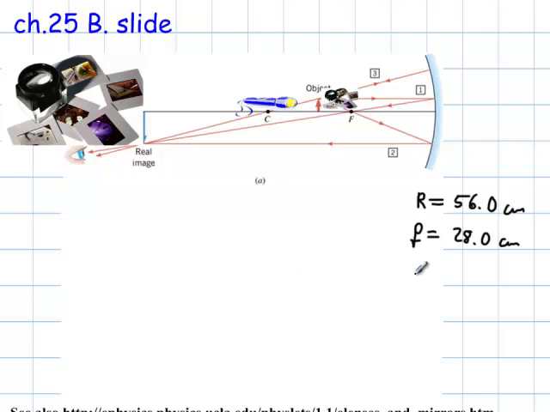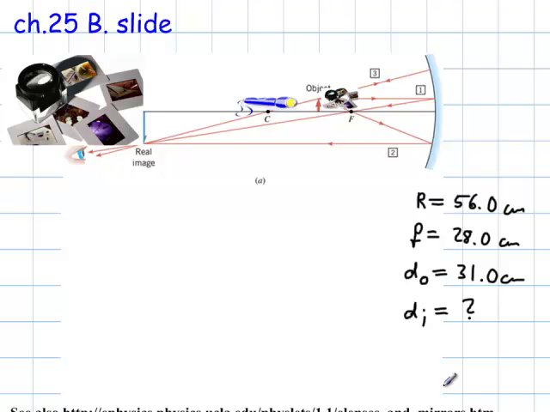The object distance is given as 31.0 centimeters, and they want us to figure out what the image distance is, and then later on, the magnification.